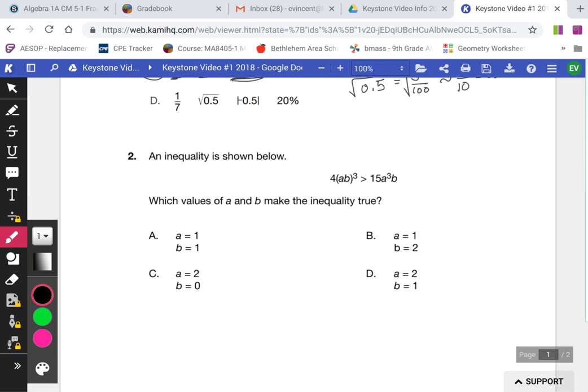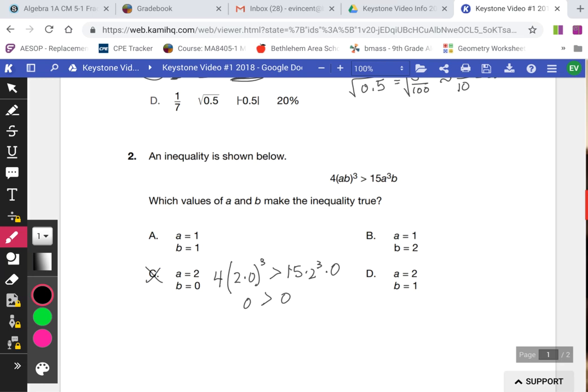C doesn't make sense, I don't think, because 4 times 2 times 0 cubed is greater than 15 times 2 cubed times 0 would give us 0 on both sides. And remember, anything times 0 is 0. So that means I have 0 is greater than 0, so C is automatically no good.